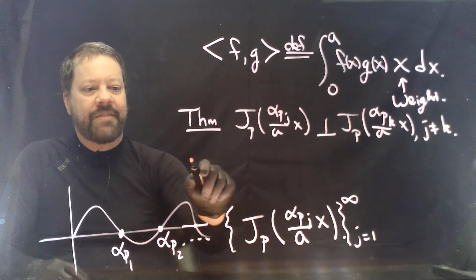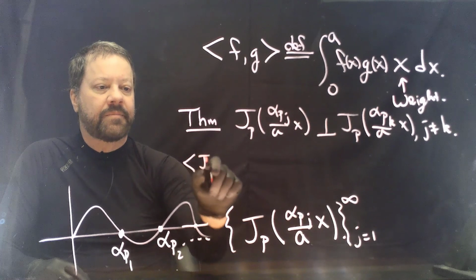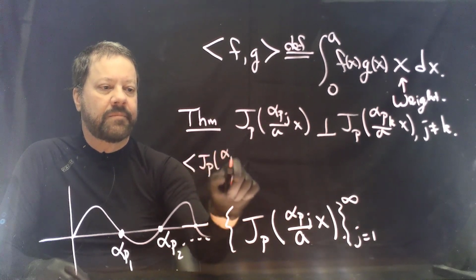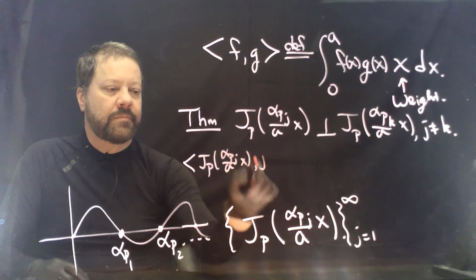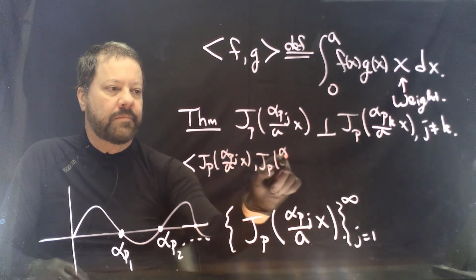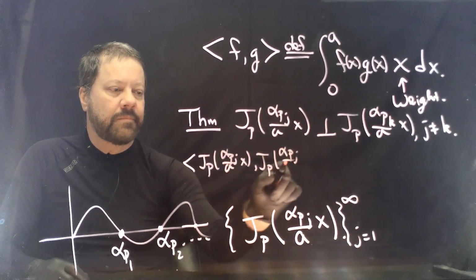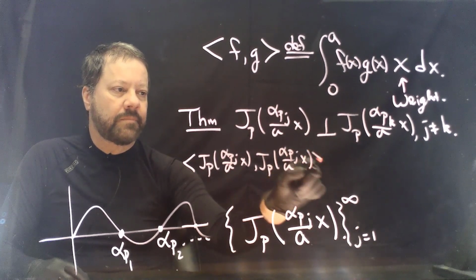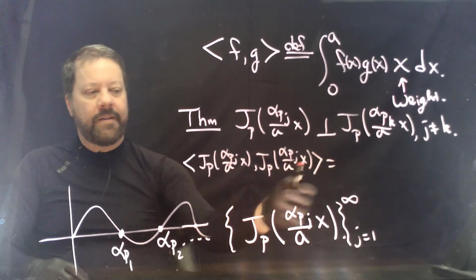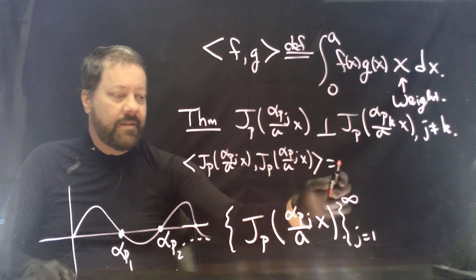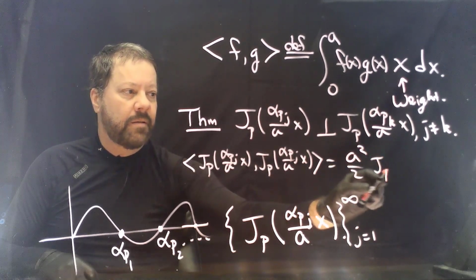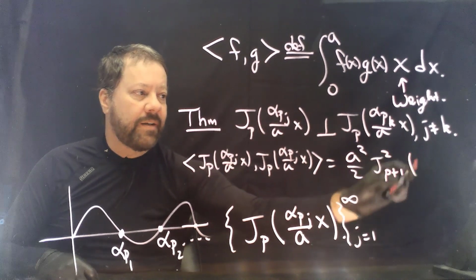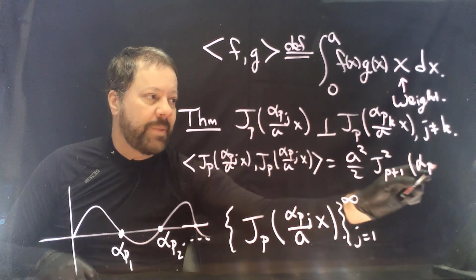But what happens if they are the same? In this case, this will be equal to a squared over 2 times J_{p+1} squared of alpha_pj.